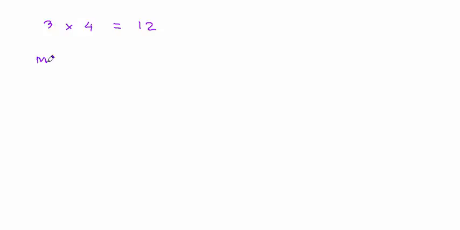For example, the multiples of 3 are 3, 6, 9, 12, 15, 18, and so on. And there's no end to this list of multiples of 3, or for that matter, any number.